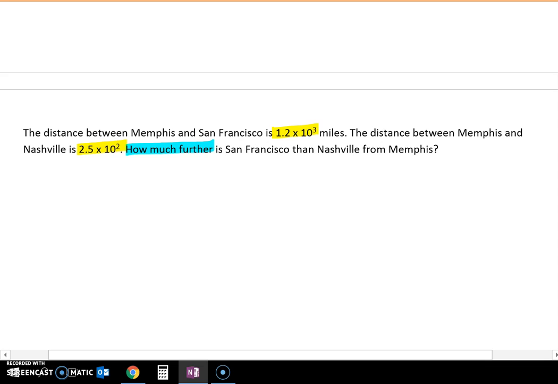So if I want to know how much further San Francisco is than Nashville from Memphis, the way that the problem is written, San Francisco is listed first. So we are going to use the 1.2 times 10 to the 3rd, and we're going to subtract 2.5 times 10 to the 2nd power.